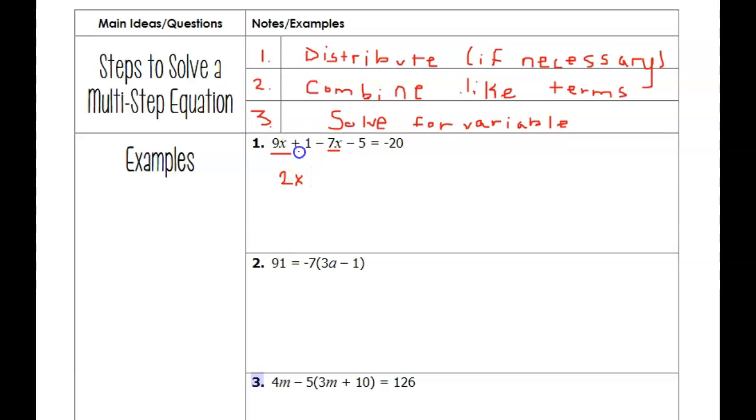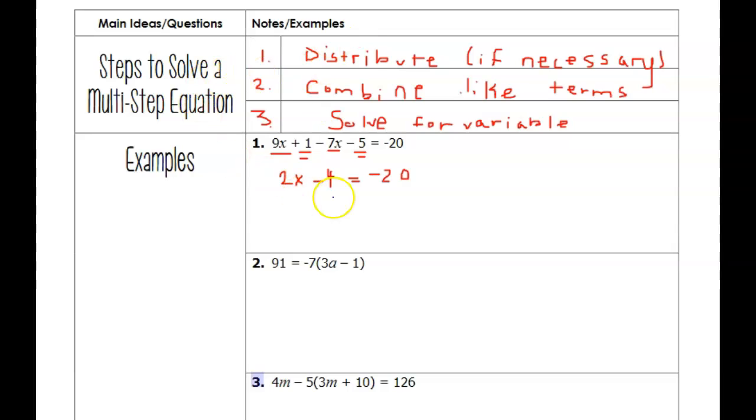Then I notice I got some numbers here, a 1 and a minus 5. 1 minus 5 is negative 4, and that's equal to negative 20. Notice we made this multi-step equation into a nice little two-step equation, something we're familiar with.